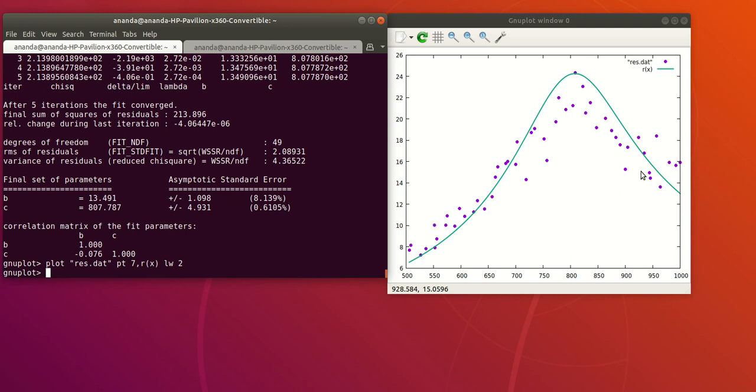So the points which have less error are given more weightage, the points which have more error are given less weightage, and so on. You can actually do all of that, but that is going to be a bit more complicated. You can of course refer to gnuplot's own help or the web to see how that's done.